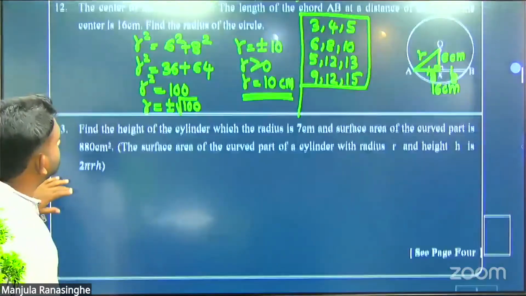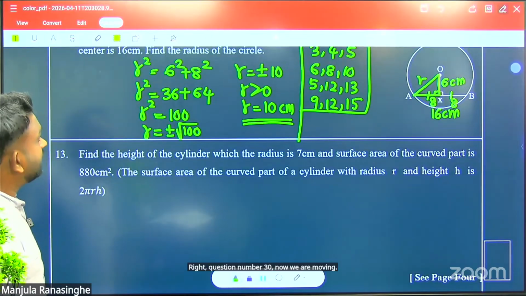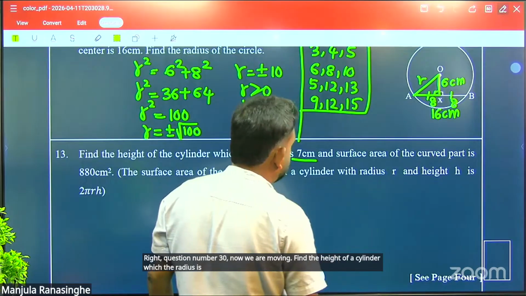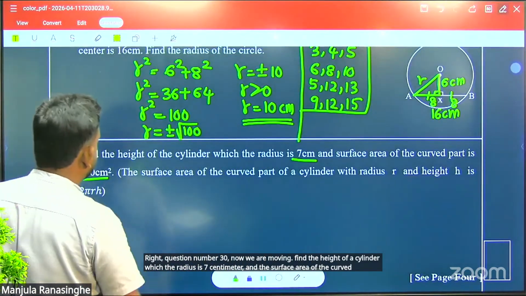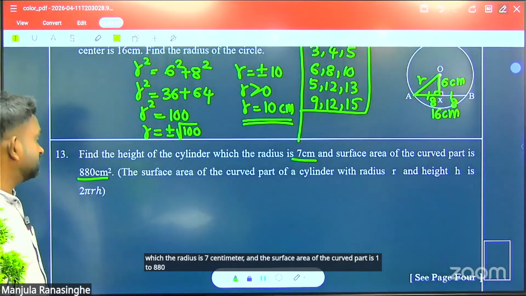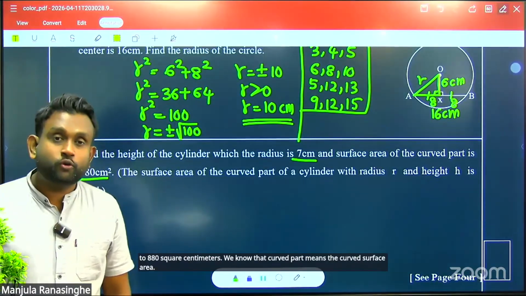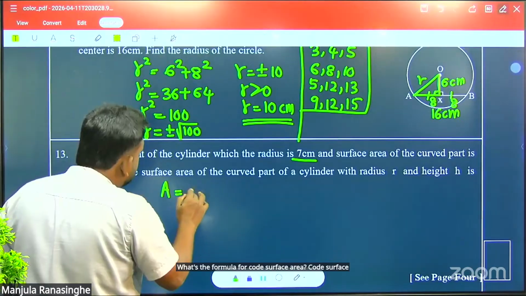Right, question number 13. Now we are moving. Find the height of a cylinder whose radius is 7 centimeter and the surface area of the curved part is 880 square centimeters. We know that curved part means the curved surface area. What's the formula for curved surface area? Curved surface area equals 2πrh.